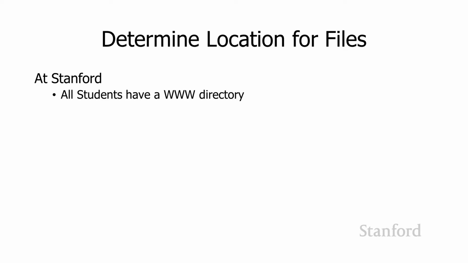This is where you put your web page stuff. So if you put things into the www directory, they are now on the web. So don't put anything in the www directory unless you want other people to be able to see it, because it is publicly available and the read-write permissions are set so that anybody can view the files in that directory.